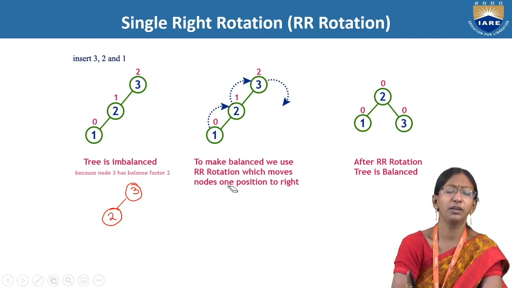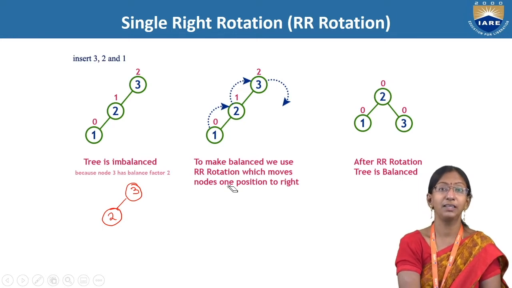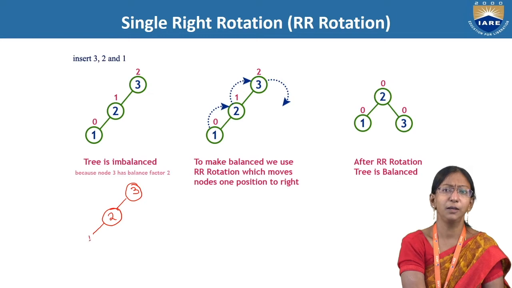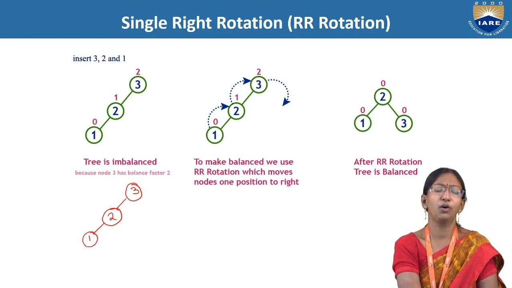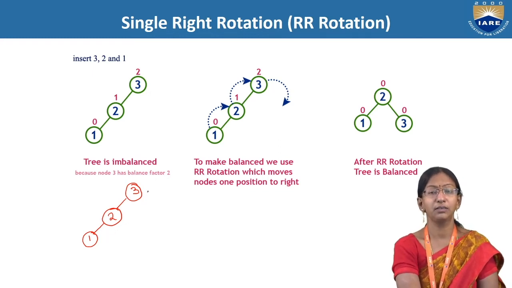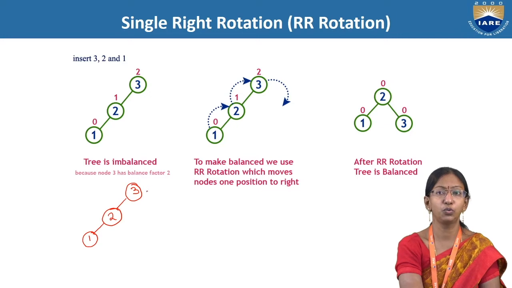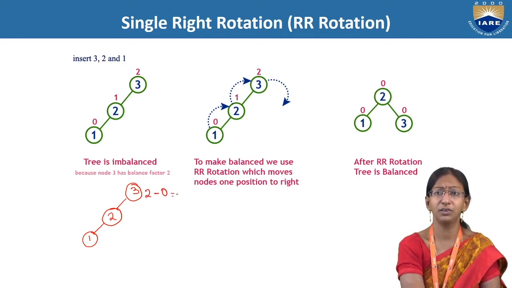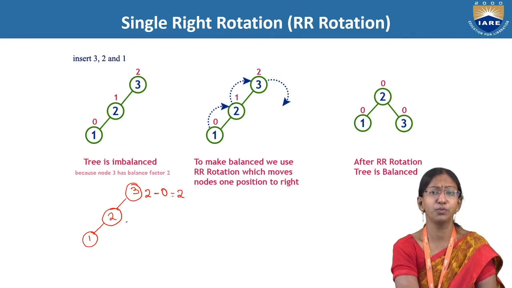Now it's running smoothly. What if I insert 1? 1 is going to come and settle as the left child of 2, as it is less than 2. Let's calculate the balance factors. So the left subtree height of 3 is 2, whereas right is 0, as it doesn't have any right child. Balance factor is 2.